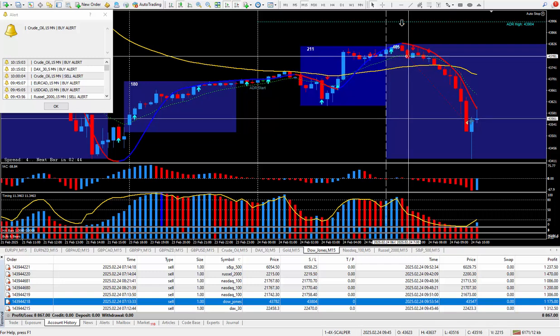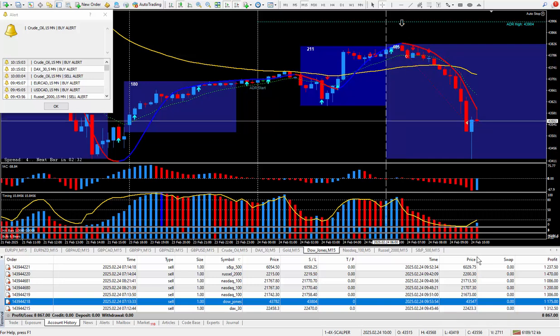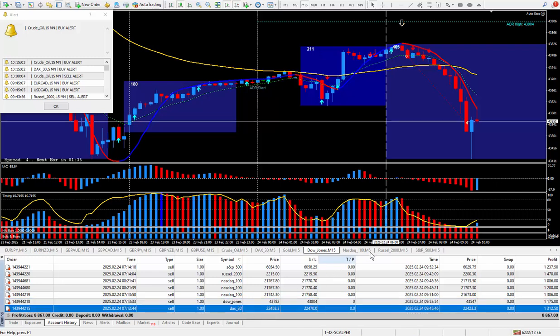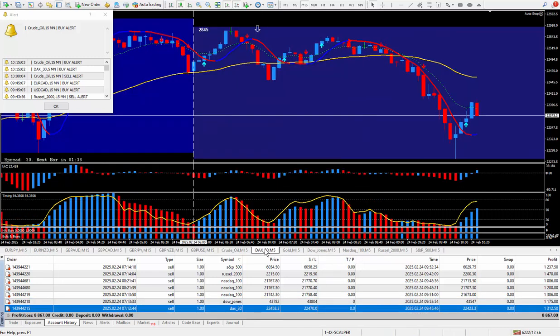As soon as I knew it was going to go down, and down it went. And what did I say? 235. There it is there, 235. And all of those ticks paid out $1,175.